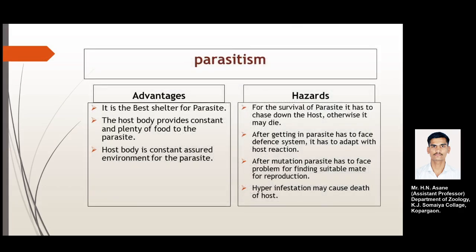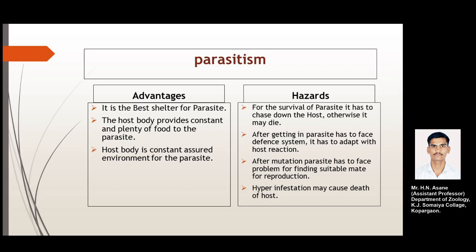So we are going to compare these forms of parasitism, that is, how the parasite gets advantages or hazards. Here the host is not in consideration; the advantages and disadvantages for the parasite are seen in this particular slide.